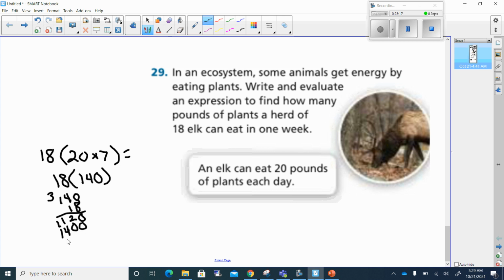And we have to remember to add that 0. We have a 0, 2, 5, and a 2. That tells me it's 2,520. And since we're talking about pounds of food, that's pounds of plants per day. Pounds per day. Okay? All right.